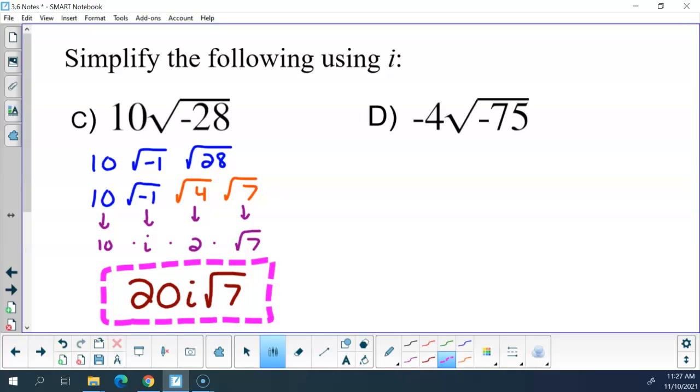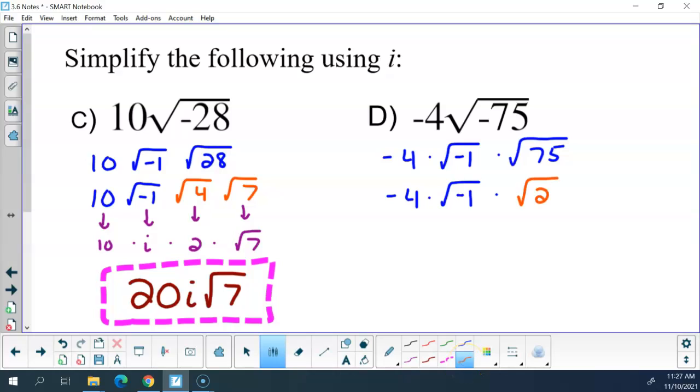All right. Next one, negative 4 times the square root of negative 1 times the square root of 75, which would be negative 4 times the square root of negative 1 times the square root of 25 times the square root of 3. Negative 4 is negative 4. Square root of negative 1 is i.